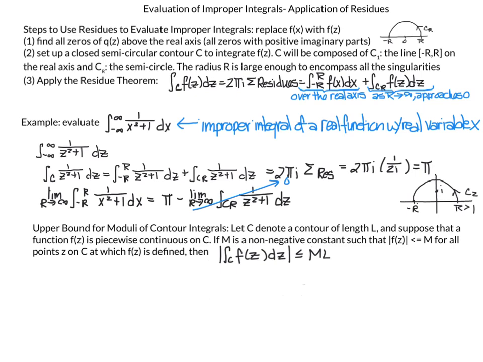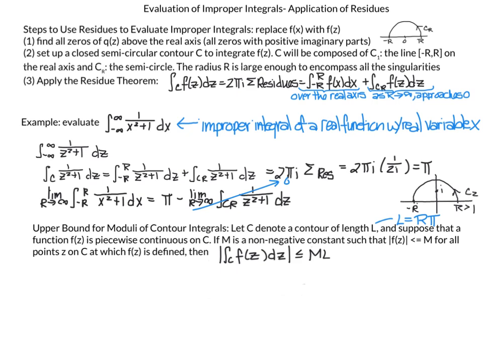Let me make that note: for our semicircle, L is going to be the radius times pi. The next thing we have is, suppose that a function f of z is piecewise continuous on C. In this case, our f of z is 1 over z squared plus 1, so it's continuous everywhere except for the singularity at i. But because our circle radius is greater than 1, our function f of z is continuous everywhere on our semicircle.